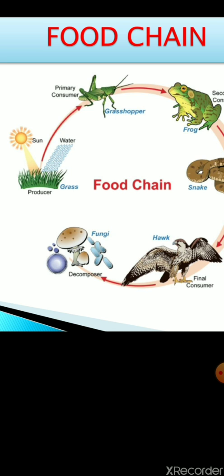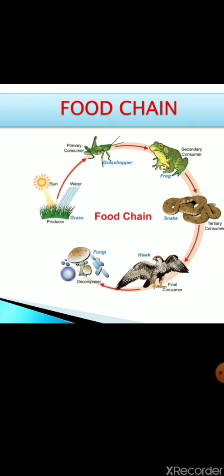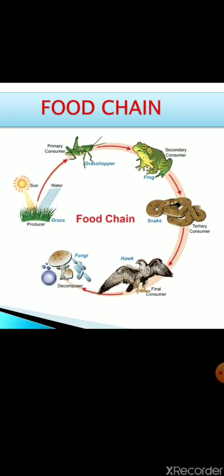So we call this complete chain a food chain, because here all the animals or plants are related with each other in a chain. And why are they related? They are related because of food, because everyone is getting their food from something. Understood? So we call it a food chain.